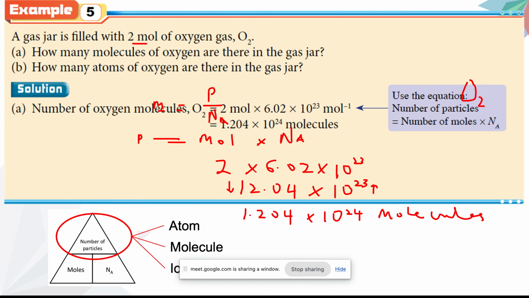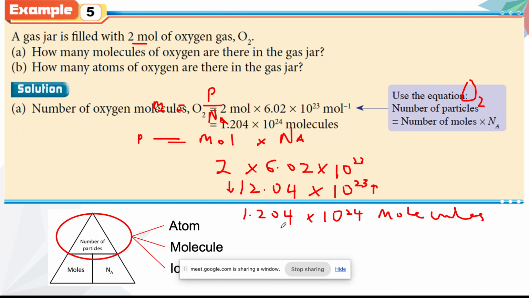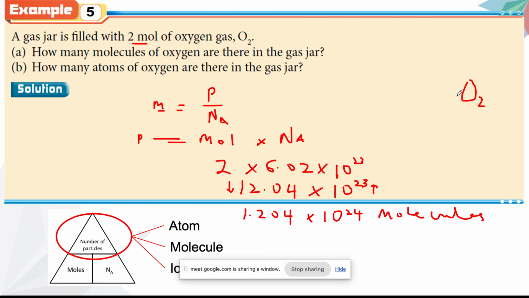Since oxygen is O2, to get the atoms you multiply the molecules by 2. 1 molecule of oxygen is equivalent to 2 atoms.